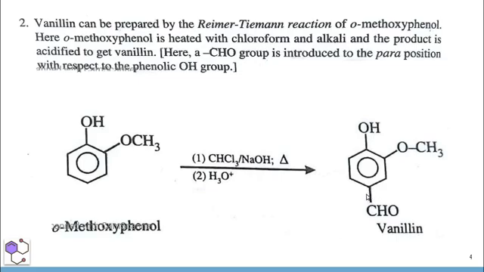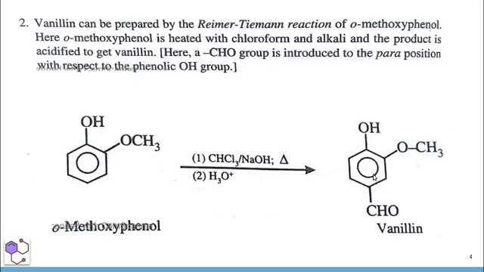That is the Reimer-Tiemann reaction. So here the phenolic compound is orthomethoxyphenol. When orthomethoxyphenol is treated with chloroform and alkali followed by acidification, the CHO group is introduced in the para position, not in the ortho position.